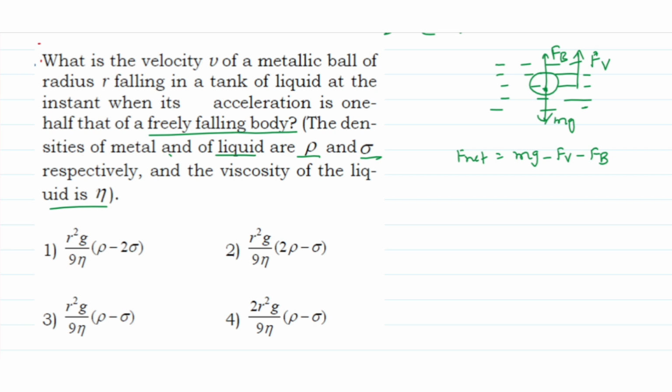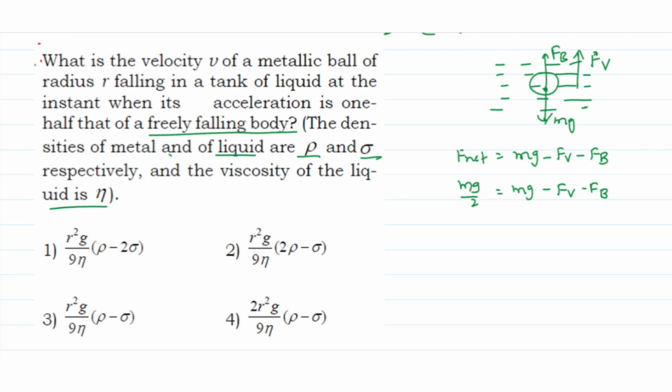F net is 1/2 of the freely falling body's weight, that is mg by 2, which we can write as mg minus Fb minus Fd.